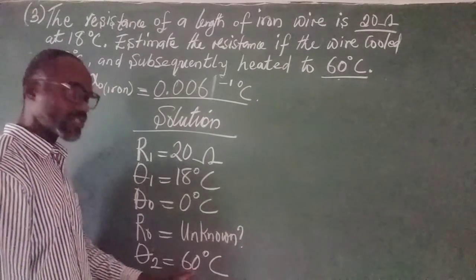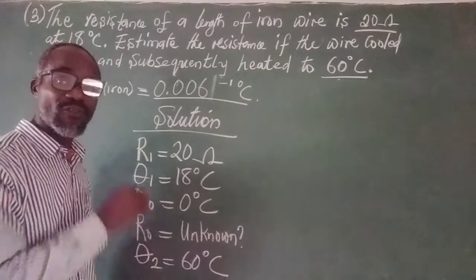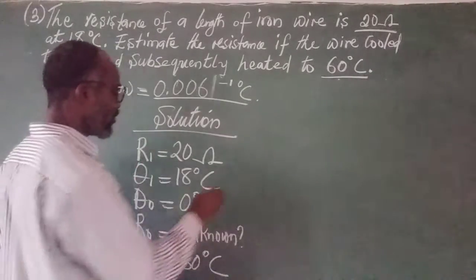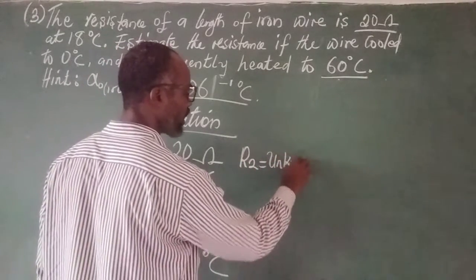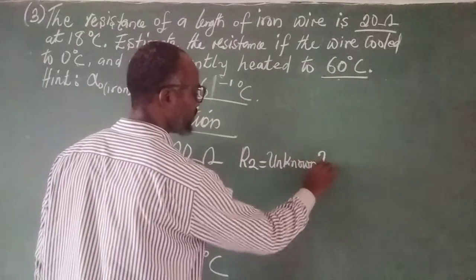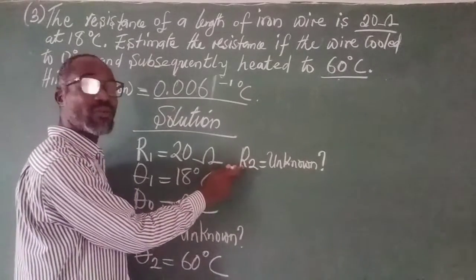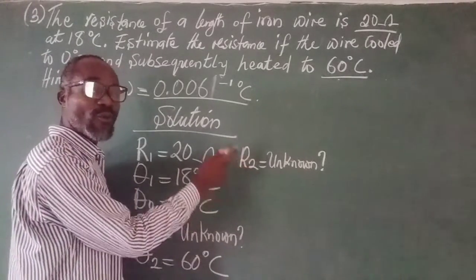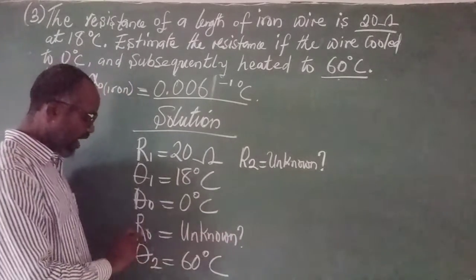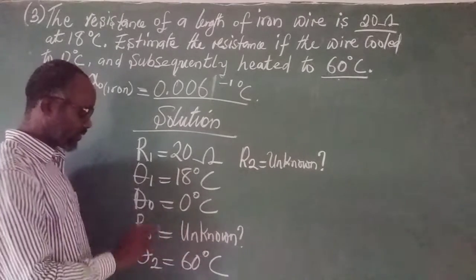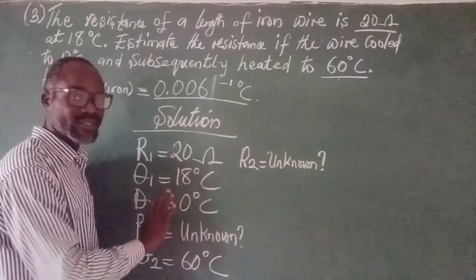Since we know theta 2, we need to find the resistance of the iron wire, the second resistance, R2, which is unknown. So R2 is the resistance of the wire when the temperature is 60 degrees Celsius. Then R0, unknown, is the resistance of the wire when the temperature is 0 degrees Celsius.